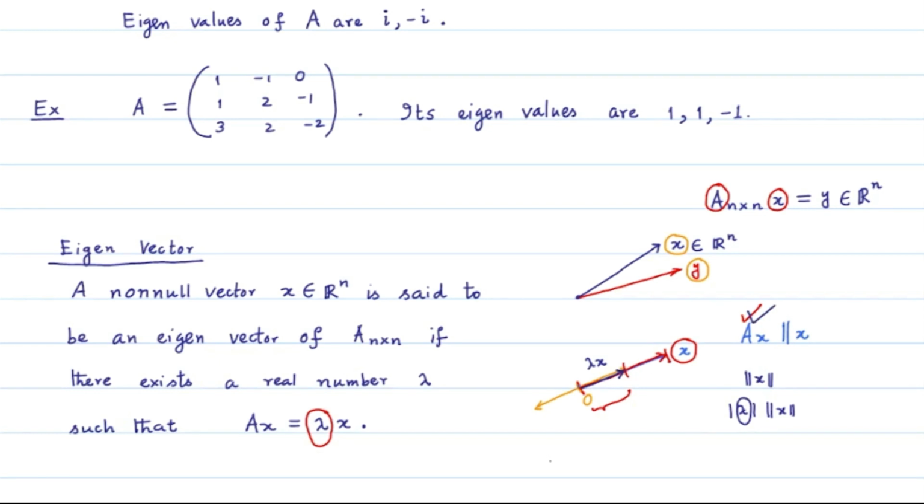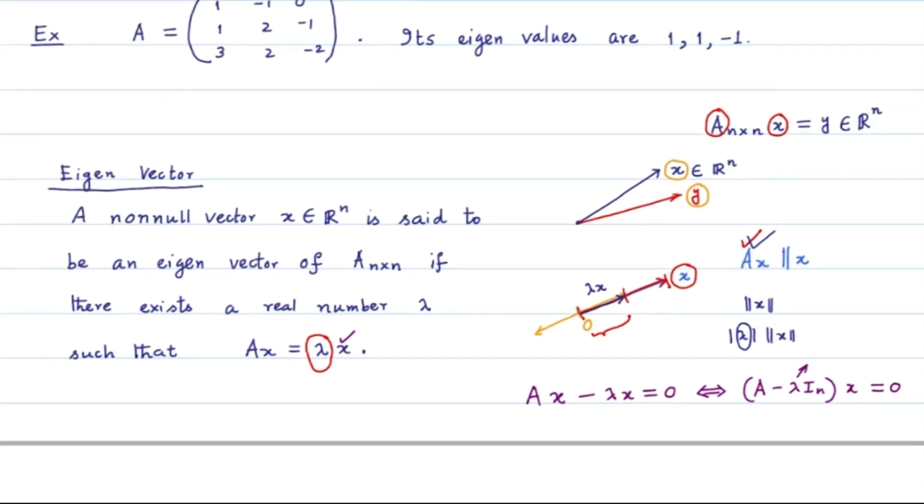By a simple inspection, we can see that if x is an eigenvector of the matrix capital A, then x can be obtained by solving this equation Ax minus lambda x is equal to 0, or this system of equations (A minus lambda I) times x is equal to 0 for some real number lambda.